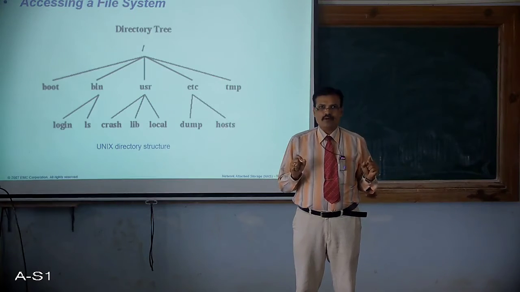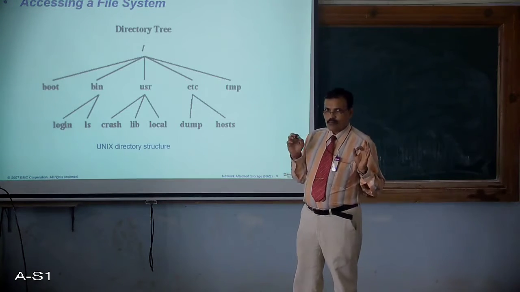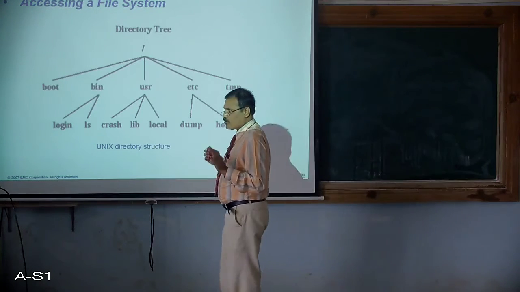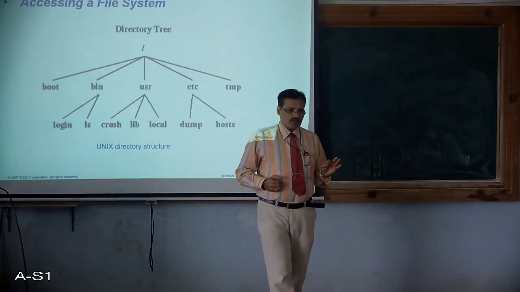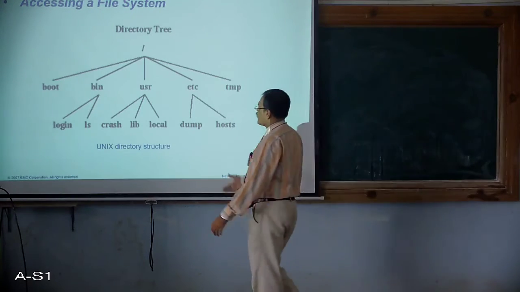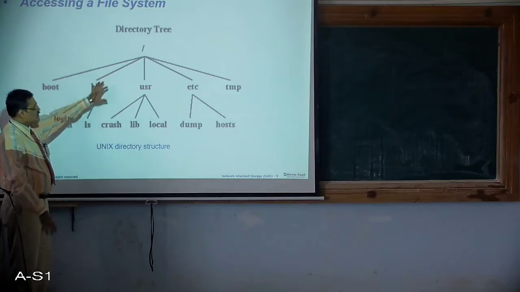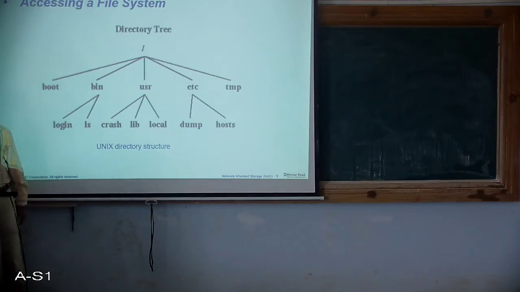So why is the file system required? To organize and maintain the data files. Because of this reason, I thought to introduce what exactly a file system is. I think you are much familiar with this Unix structure. Already you have studied that.